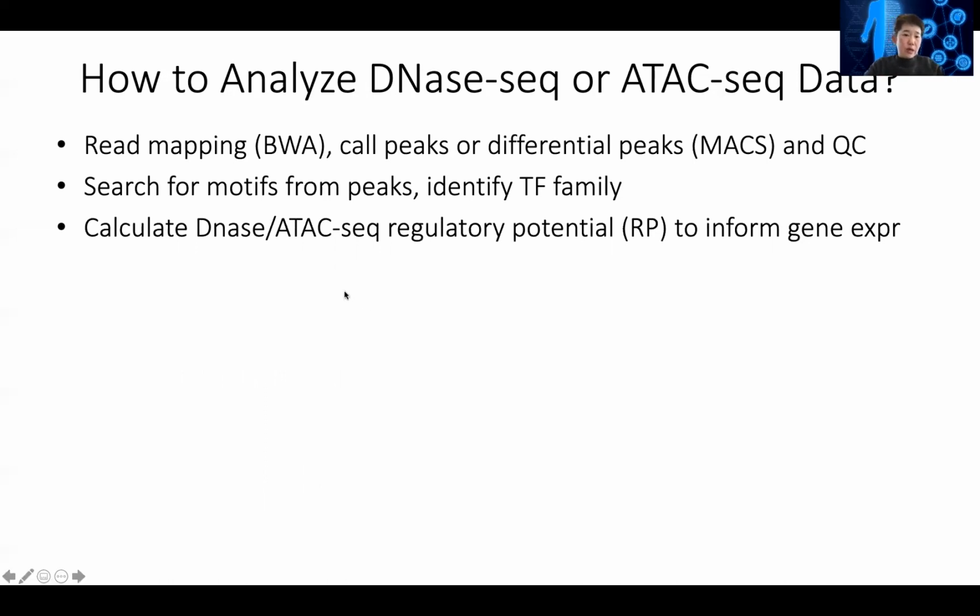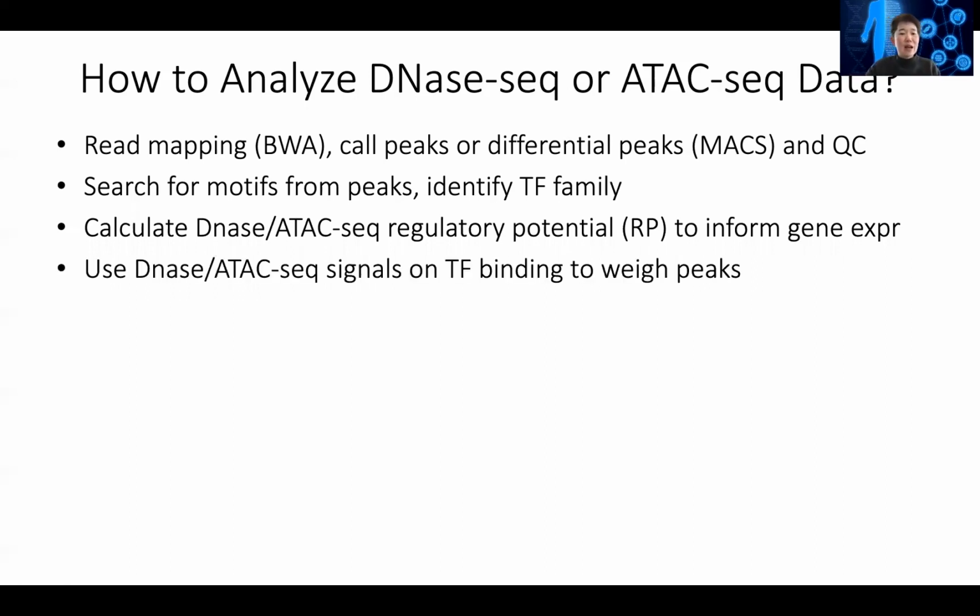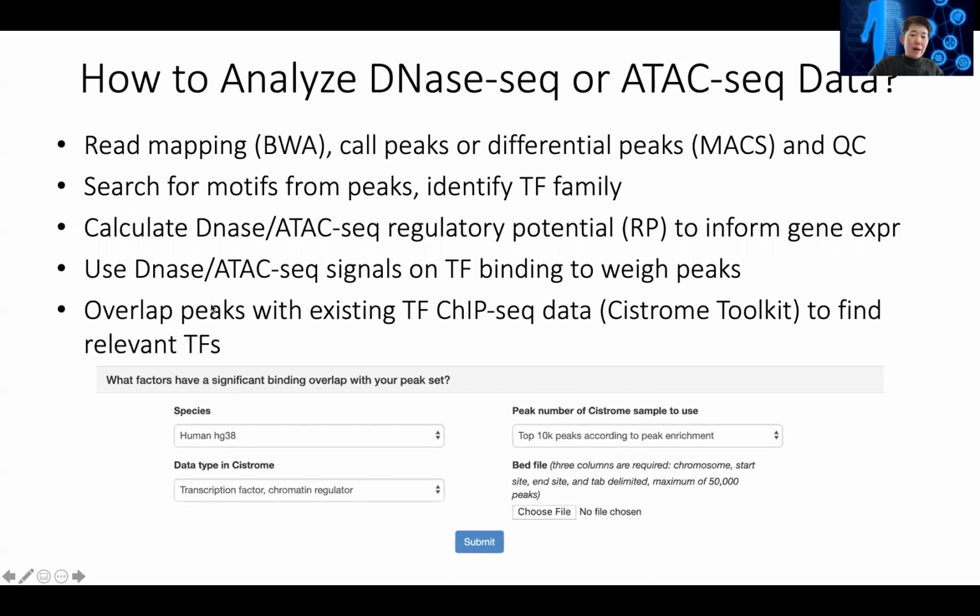You can use the DNase or ATAC-seq regulatory potential to tell us which genes are potentially active in the cell. And you can also use the ATAC-seq or DNase signals to inform how to weight the TF binding on different locations. And you can overlap the DNase and the ATAC-seq peaks with ChIP-seq data to find the relevant transcription factors using Cistrome Toolkit. Okay, so that's some of the basic analysis.